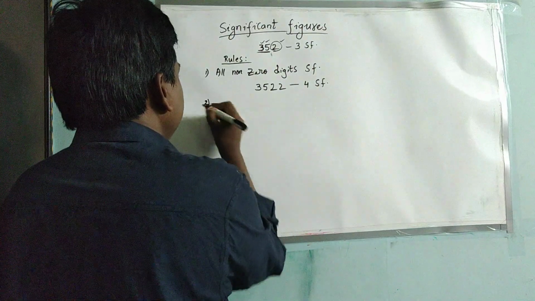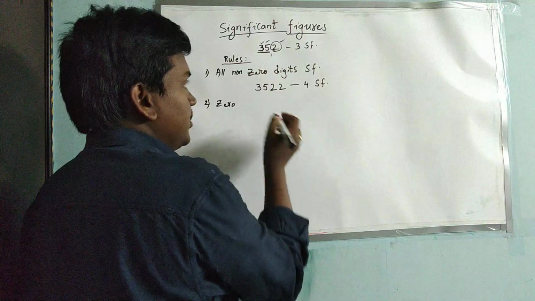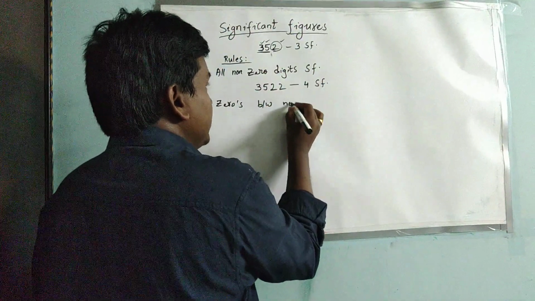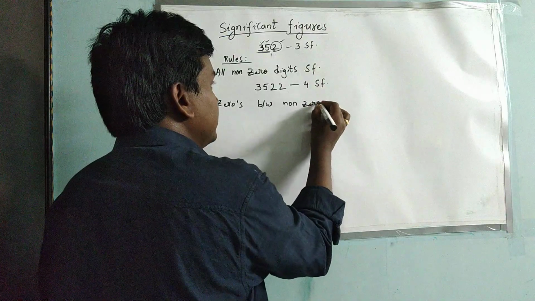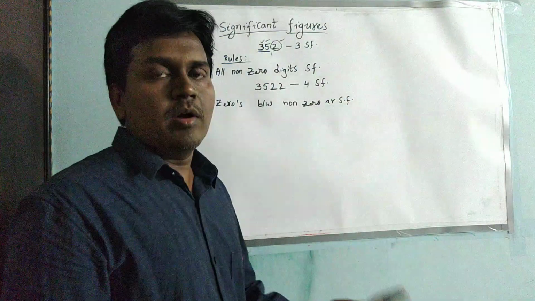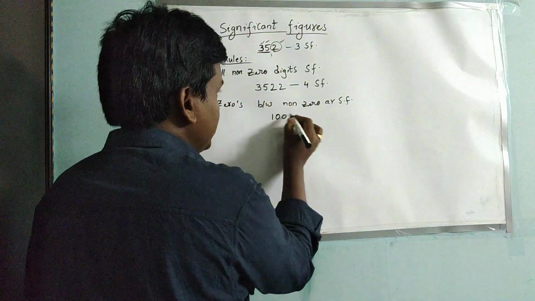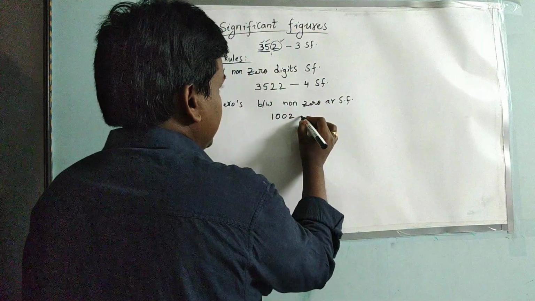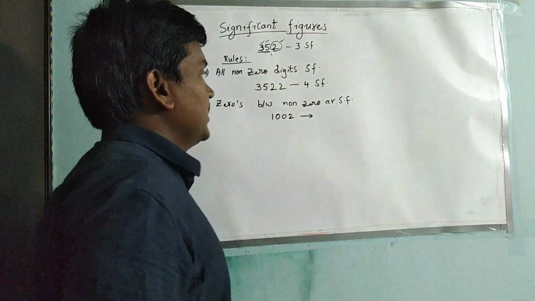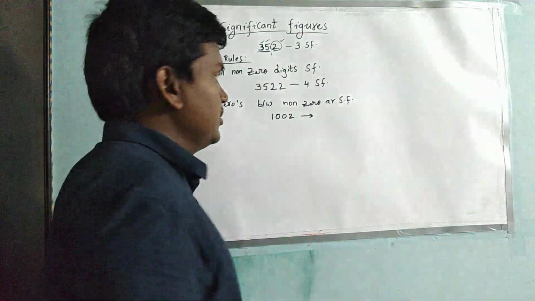And zeros between non-zeros are significant. We consider a number 1002. Here these two zeros are between two non-zero figures, that means 1 and 2.